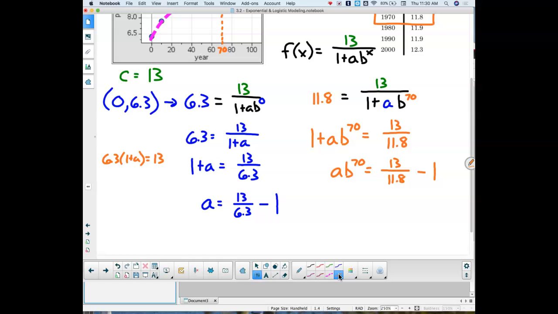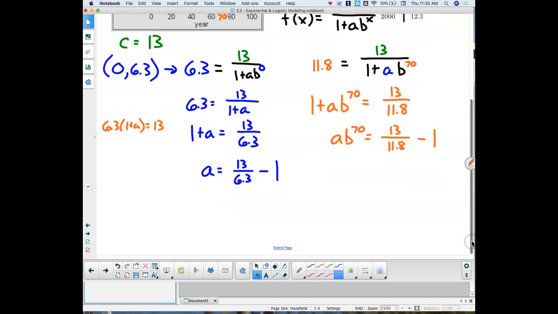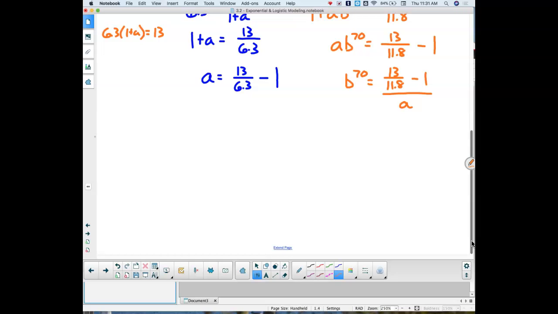What would I do next to solve for B? Divide by A. What would I do next to solve for B? 70th root. Okay. So now I would take the 70th root.